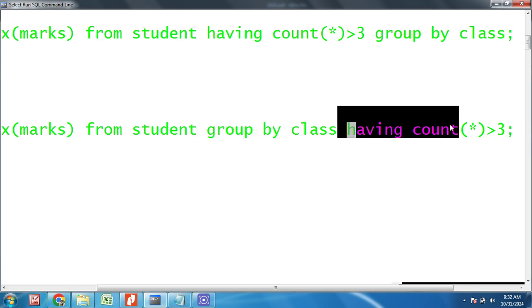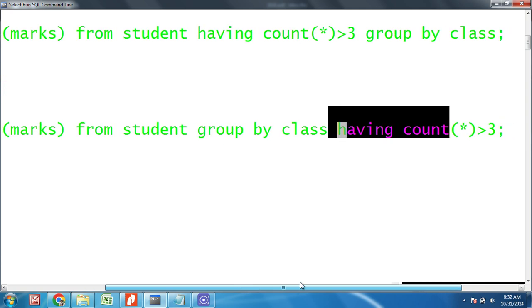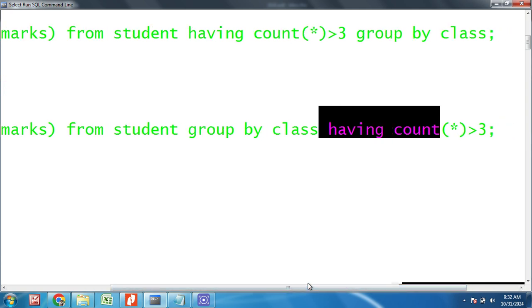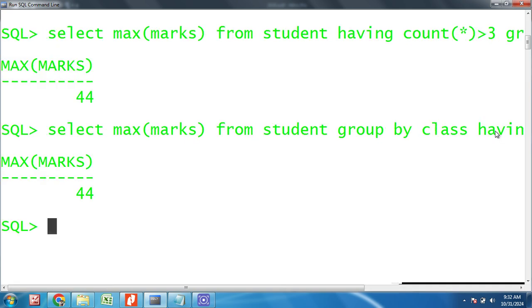Now let's check: select max marks from student group by class having count star is greater than 3. Let's see whether it gives the correct output or not.